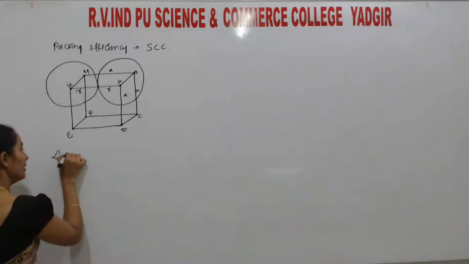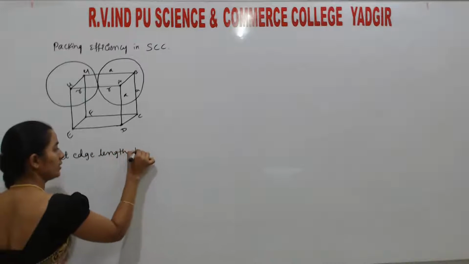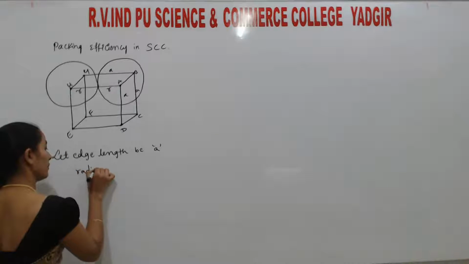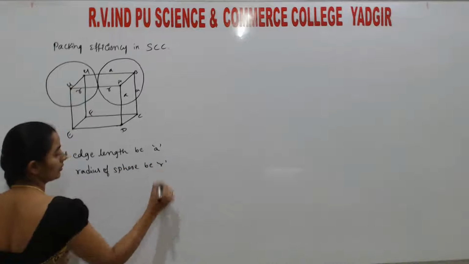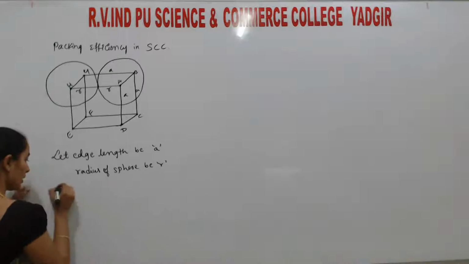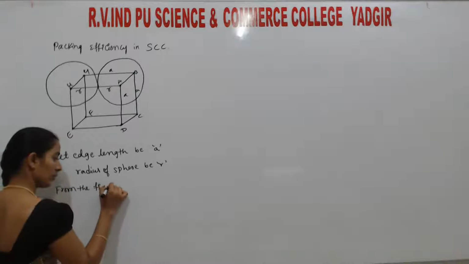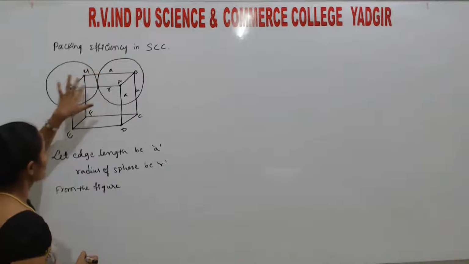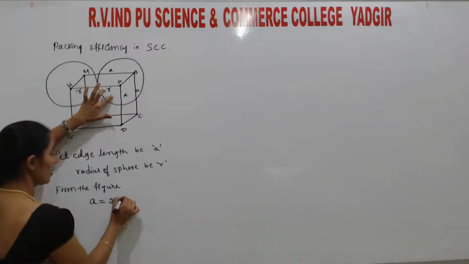Here only, let edge be A and radius of sphere be R. Only two assumptions are there. Edge is A, radius of the sphere is R. Directly take from the figure, this edge A is equal to R plus R, that is 2R.